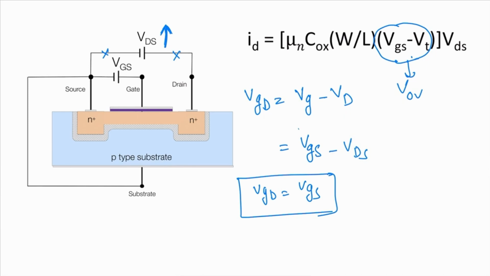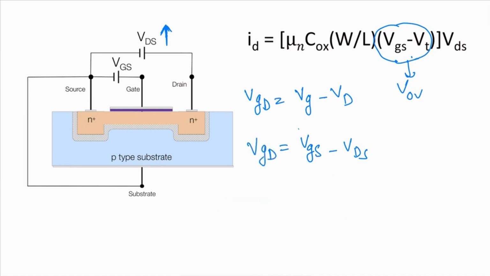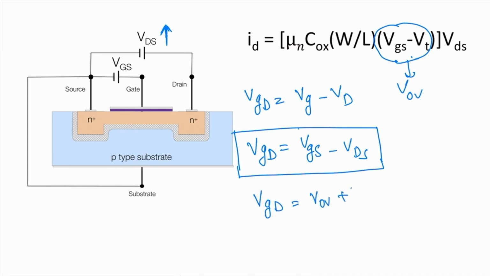Okay, so today what we are doing? Today we are increasing the VDS. If we increase the VDS, then what will happen? Then VGD is equal to VGS minus VDS. Or we can write VGD is equal to V overdrive plus VT minus VDS. You know, right?